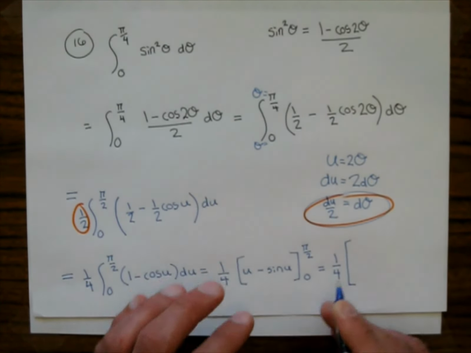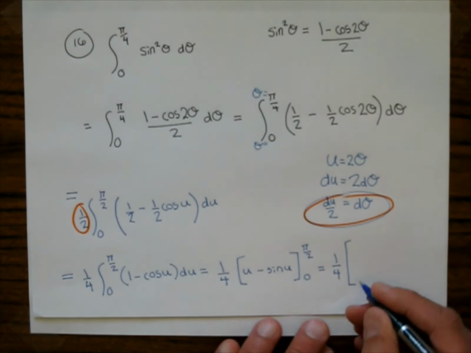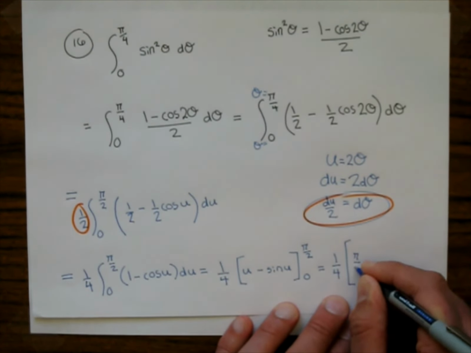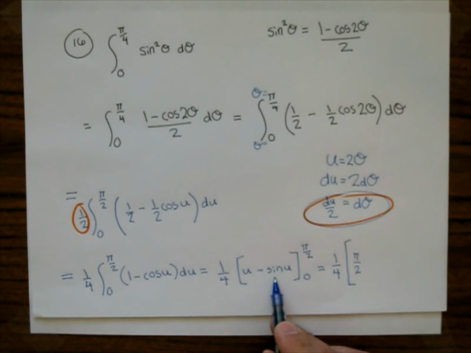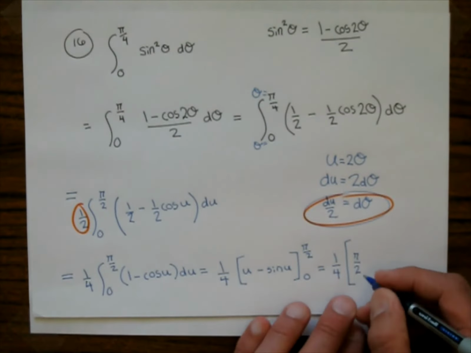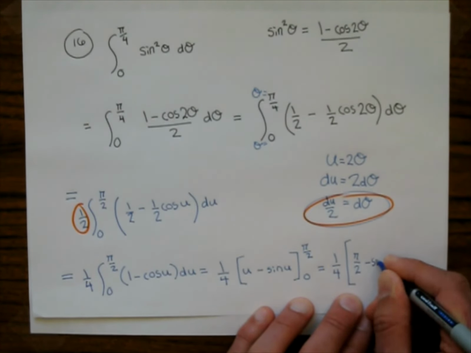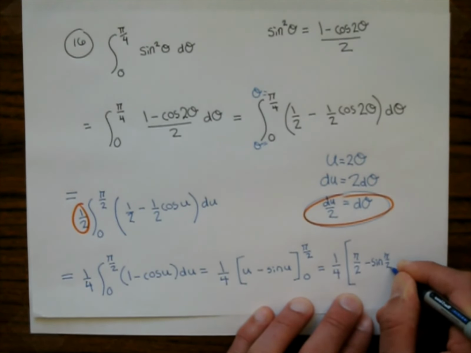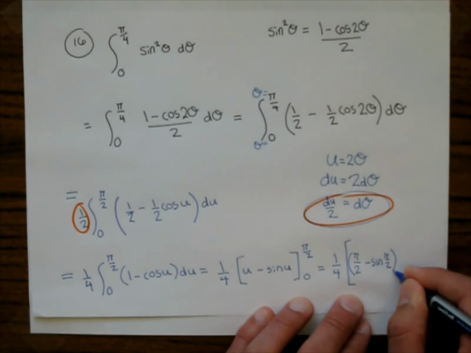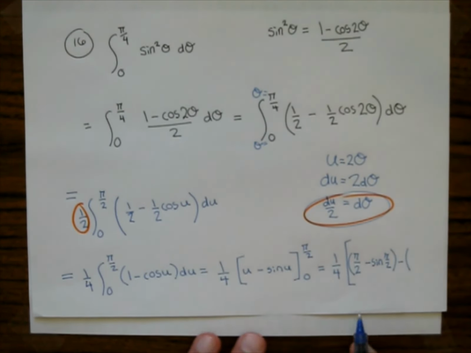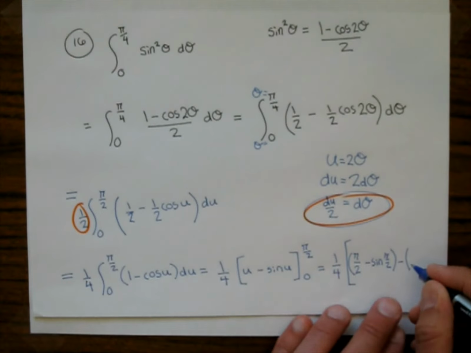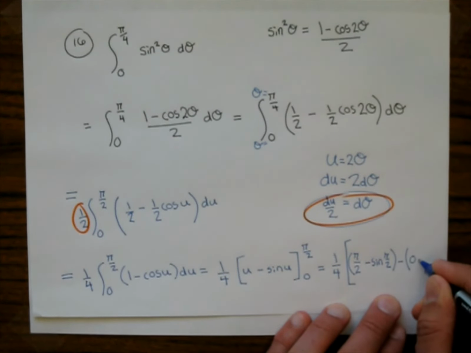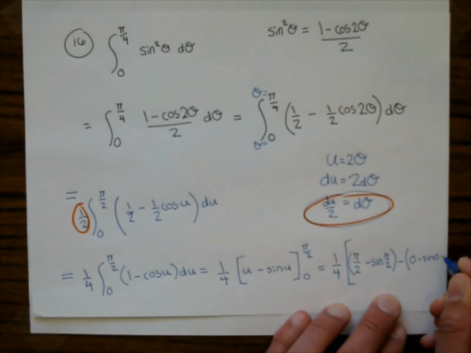Let's go ahead and put pi halves in, and we end up getting pi halves, because that's u, and then we have minus sine of pi halves. That's the first part, and the second part of the fundamental theorem of calculus is putting 0 in, so I end up getting 0 minus sine 0.